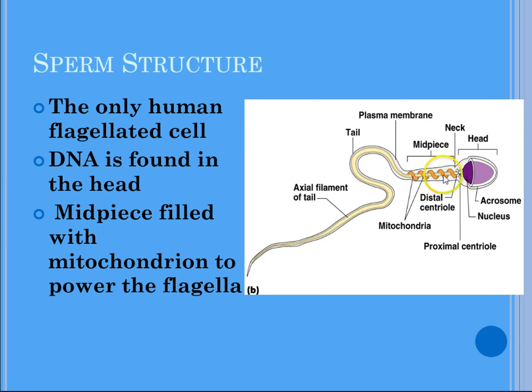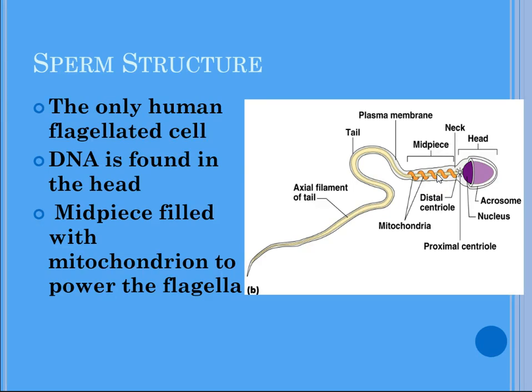And then you've got this mitochondria that line up along the midpiece here, and this is the flagella, right? And so you have this little tail that is going to form, and the mitochondria produce ATP to actually turn this tail, and a little protein called dynein, which is one of the walking proteins.